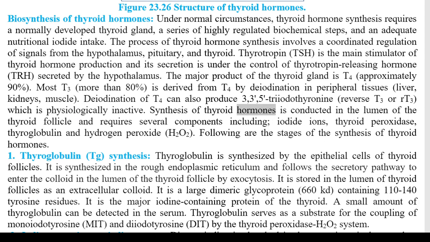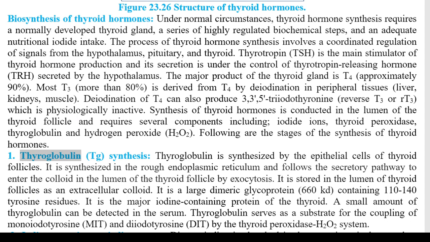Synthesis of thyroid hormones is conducted in the lumen of the thyroid follicle and requires several components including iodide ions, thyroid peroxidase, thyroglobulin, and hydrogen peroxide, H2O2. Following are the stages of the synthesis of thyroid hormones.